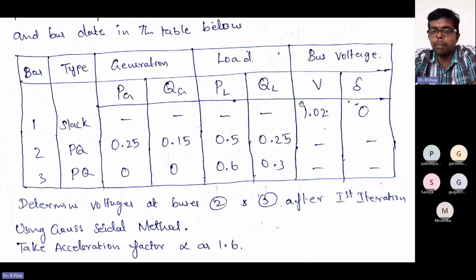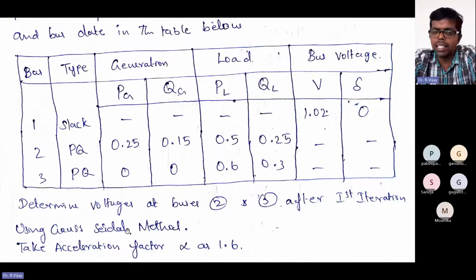These are some of the key points you need to remember while solving the problem. What you need to calculate is also very, very important. Here it is clearly given: determine voltages at buses 2 and 3 after the first iteration using the Gauss-Seidel method, with the alpha value clearly given.